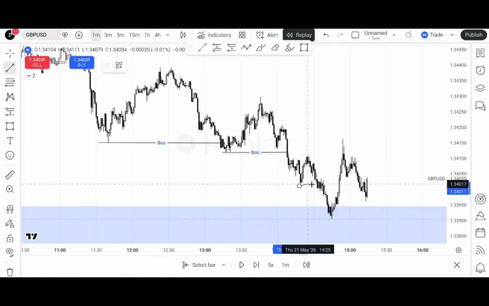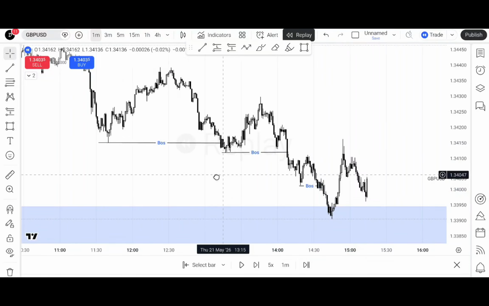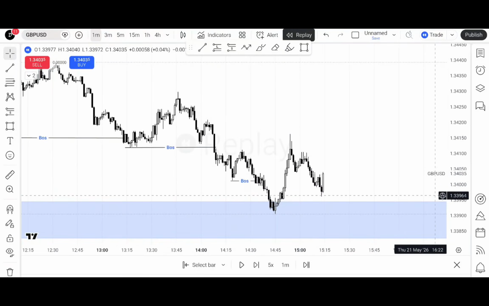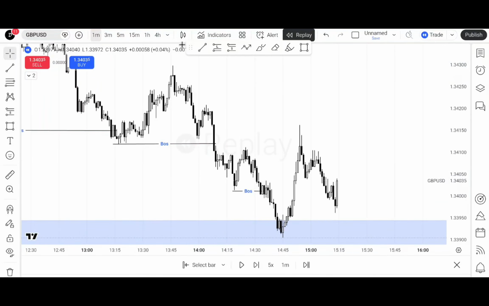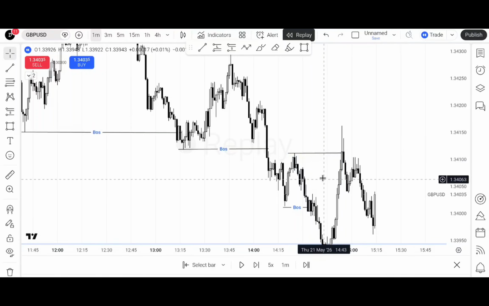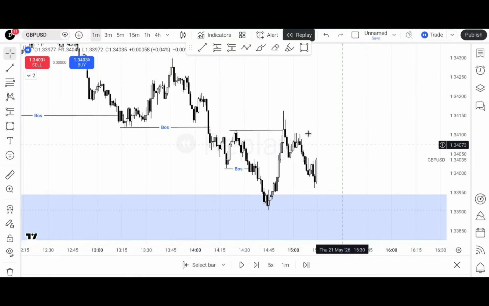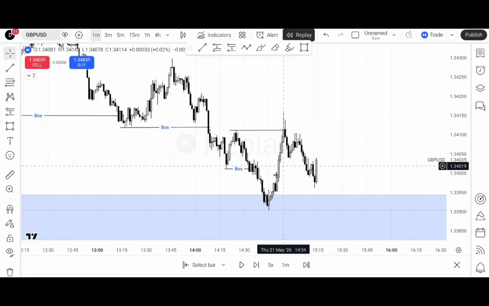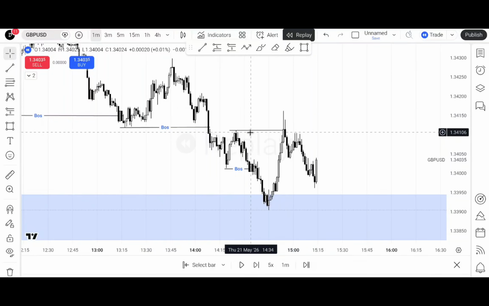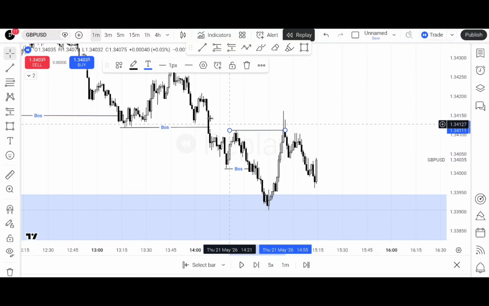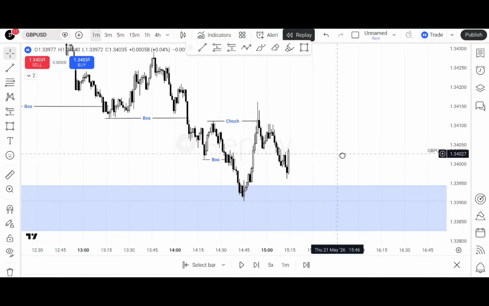Then we have another break of structure here again. Can you see that? The same rules still apply to the 1 minute time frame. So this here is supposed to be a swing high, but then the market came and disrespected the swing high and broke above. So this here becomes a change of character in the 1 minute time frame.